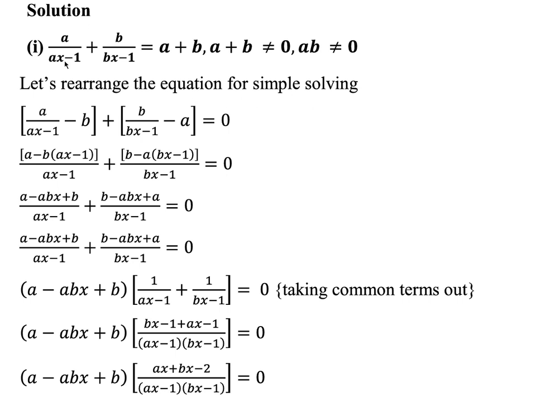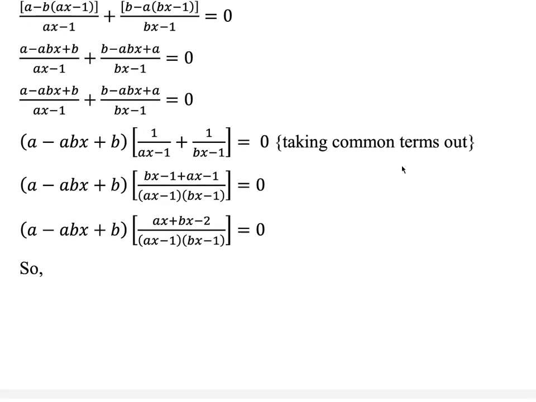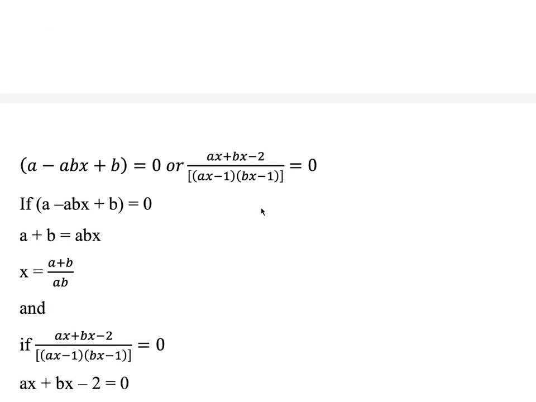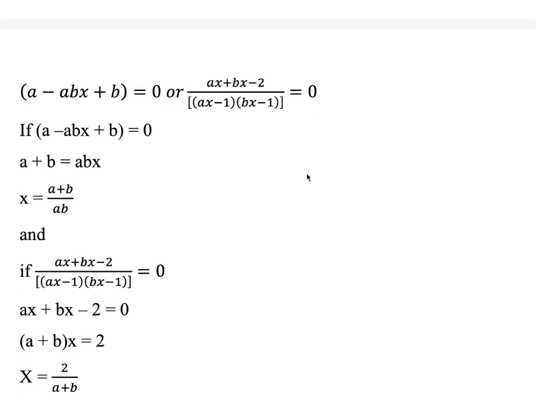So a divided by (x minus 1) minus b, the b on the right hand side will come to the left hand side, and minus a will come to the left hand side here. After that LCM, after that taking common factor terms out, after that the cross multiplication, and at the end you will get the value of x as (a plus b) divided by ab.